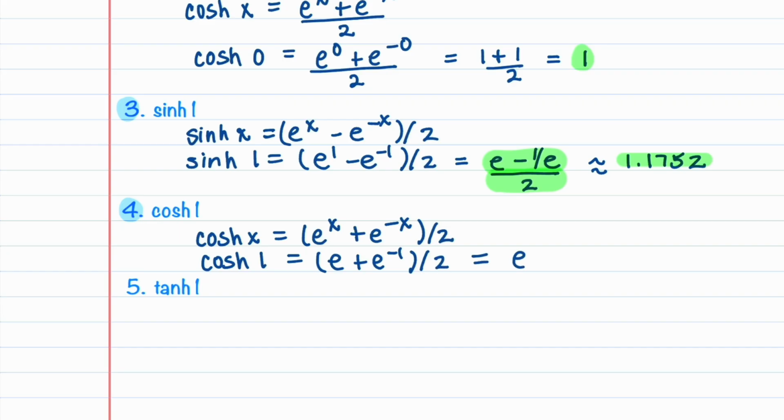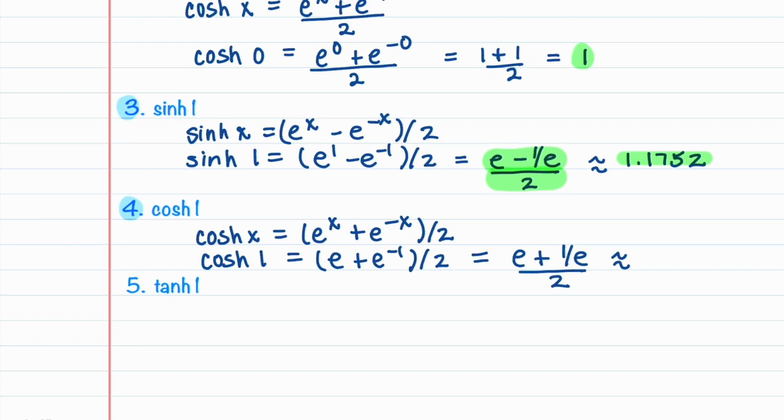This is just e plus 1 over e, all divided by 2. And this is approximately 1.5431. Here's our exact answer, and then this is our approximate answer.